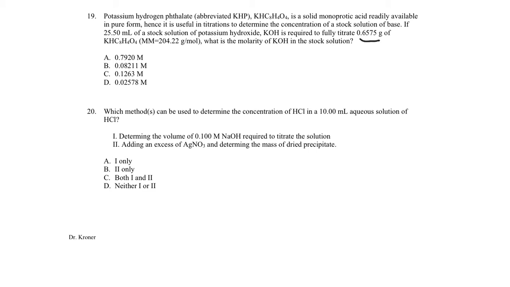And so the way we can go about it here, since this is monoprotic, KHP reacts with KOH to form K2P plus H2O. Think of this like the hydrogen phthalate anion, where we kick off the H and go to a 2 minus.